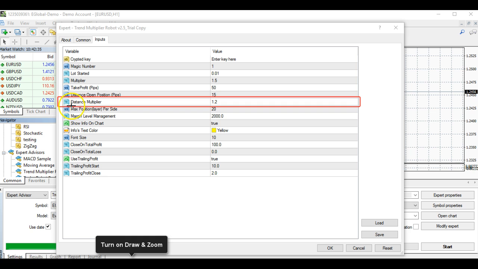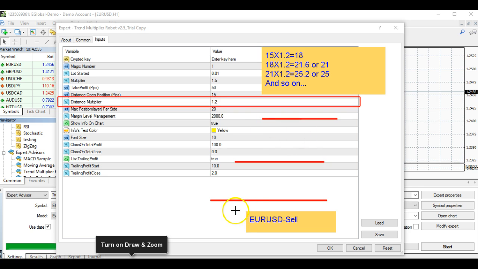Okay, so the distance multiplier, how it works. It works like this. Let's say you are on this mode. Okay, this is your trading, 1, 2, 3. So you are on, let's say, euro US dollar sell. The market has been on the reverse side, right? Supposedly it goes down so that you can earn, but it's not.